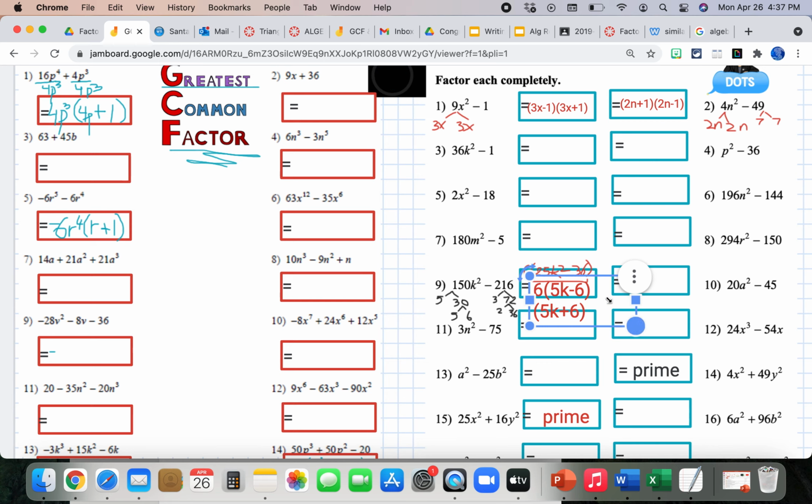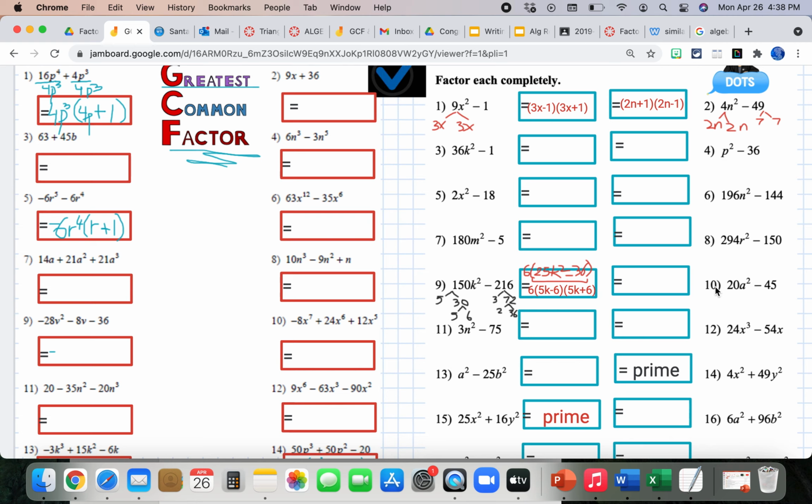Okay, we do have to make it smaller to fit this box. Okay, this is our final answer right here, down here. The 6, just follow along into the answer. This perfect square is broken apart to 5k minus 6, 5k plus 6. And this is how we can check our answers. We multiply this, multiply 6, and we get back to here.